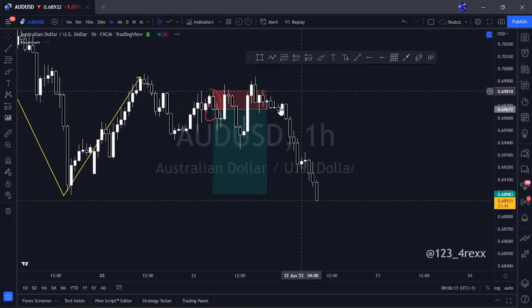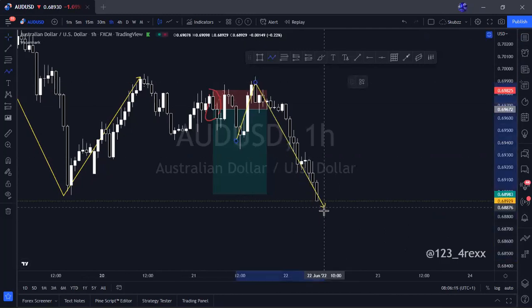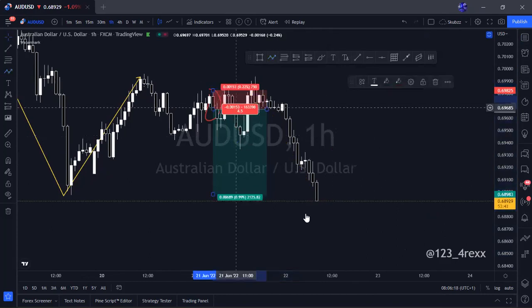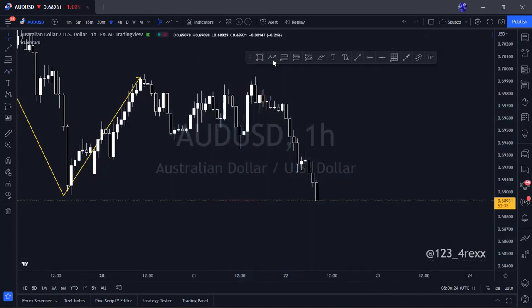But today, what we have is this whole shift in the market structure here. So what we can wait for now is a retest. You guys understand? So this is what we're going to be looking at for AUD/USD. Break and then retest. Anytime the retracement starts here, this is basically my point of interest.